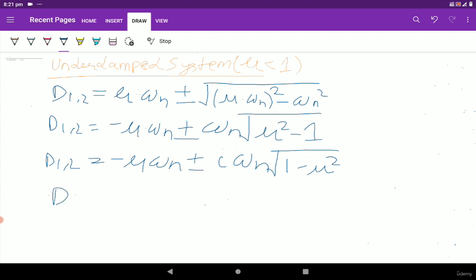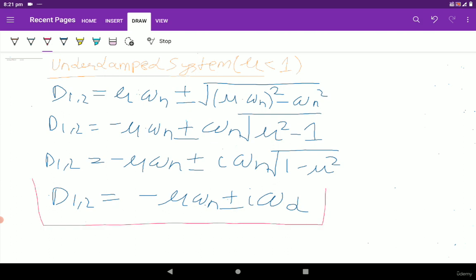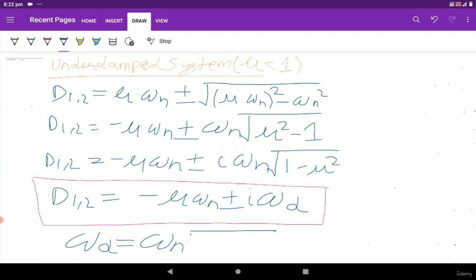So the region of interest of our equation is minus damping factor omega n plus minus iota omega d. Here omega d, that's the damped frequency, is equal to natural frequency multiplied by under root of 1 minus damping factor square. So this is the damped frequency.